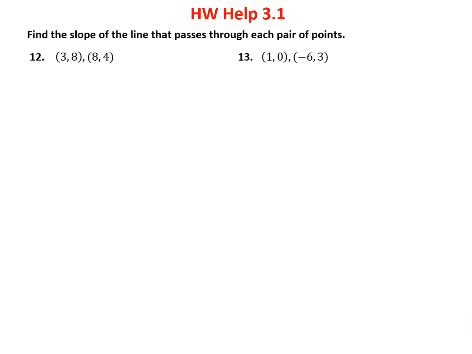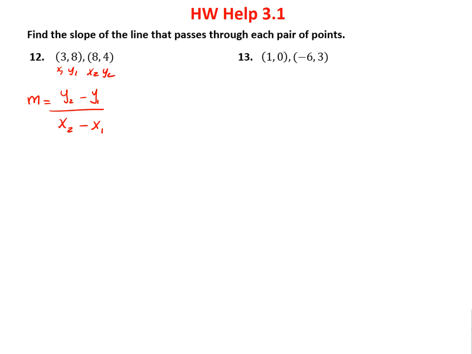All right, let's continue finding the slope. Let's remember what the slope formula is. The slope formula for 2 points is I find the y in the second point minus the y in the first point, and I divide that by the x in the second point minus the x in the first point. Remember that this is x1, y1, and this is x2, y2.